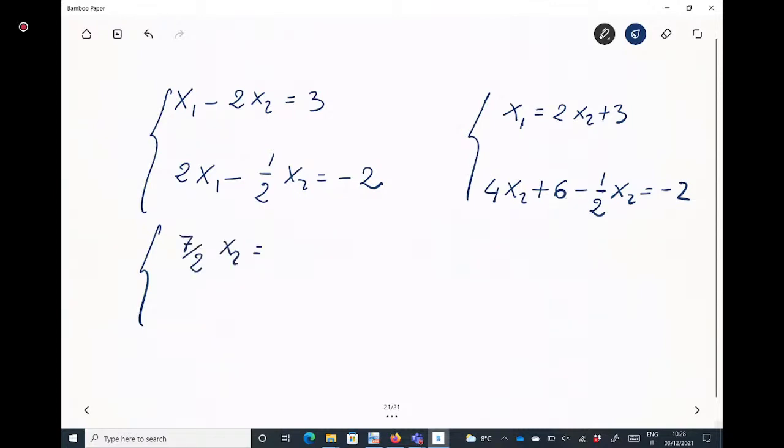And this is equal to minus 2 minus 6, minus 8. Which means x2 is equal to minus 8 times 2 over 7, minus 16 over 7. And then when you have x2, you put this here, and this becomes minus 32 over 7.